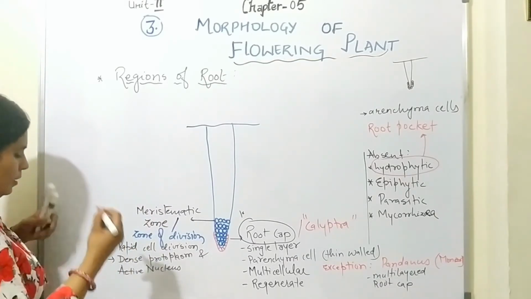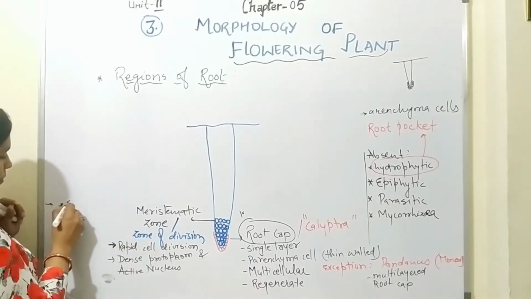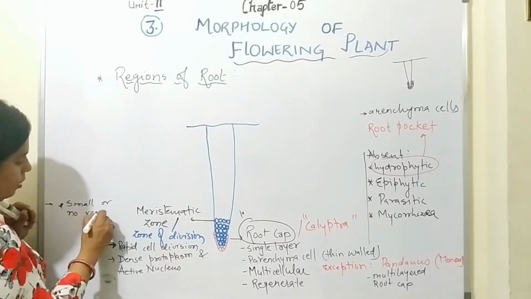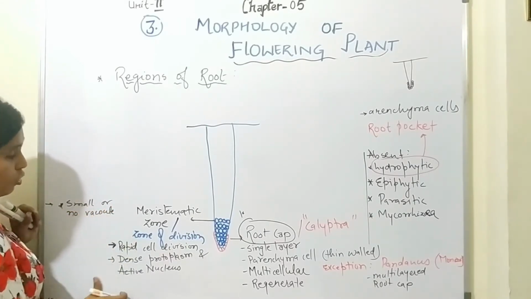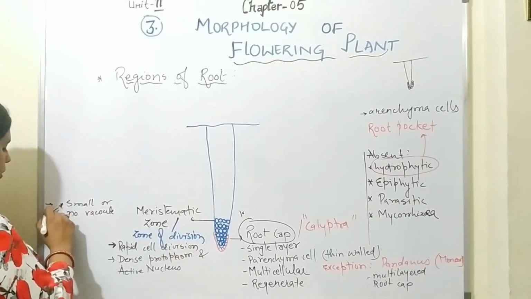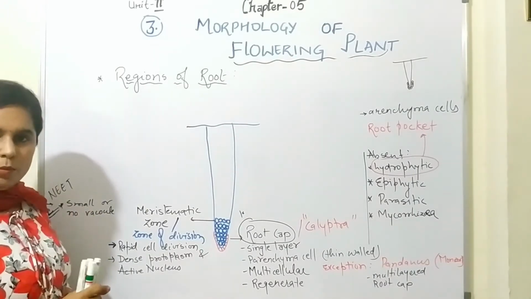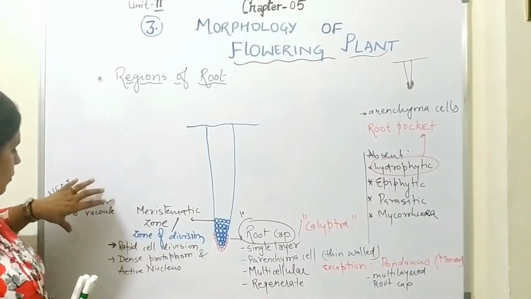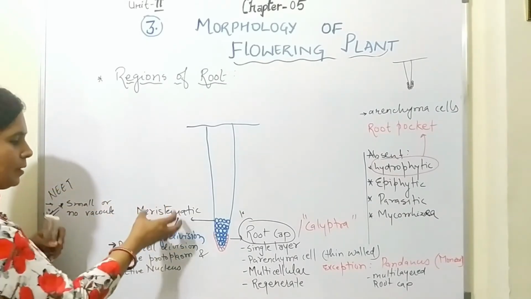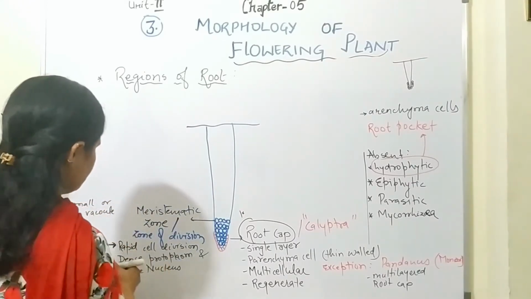Next is very small or no vacuole will be present in the meristematic zone. Again, an important point for NEET. So, this is very important from the NEET point of view, that these meristematic cells have very small vacuole or no vacuole.